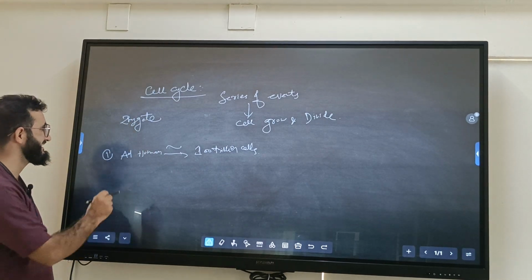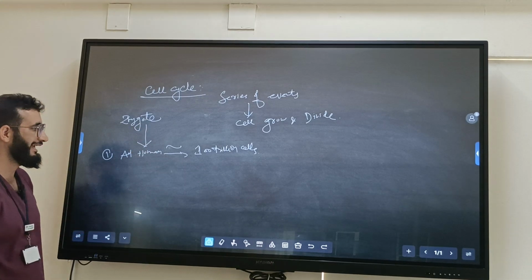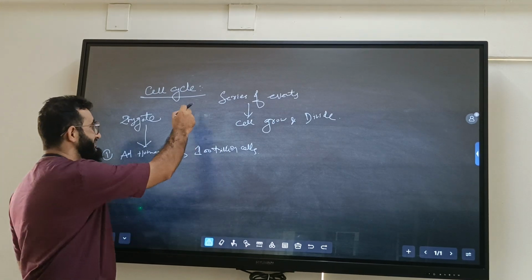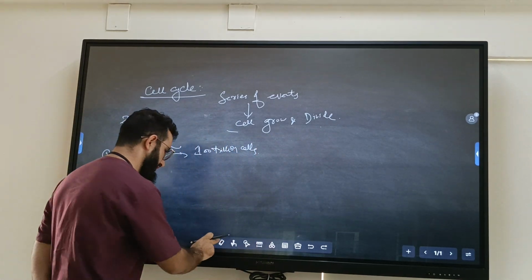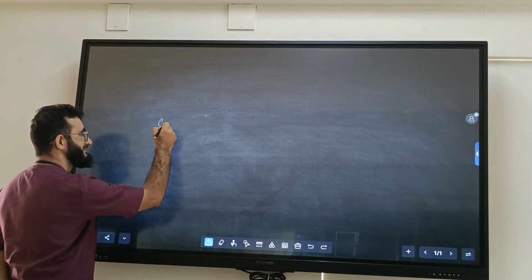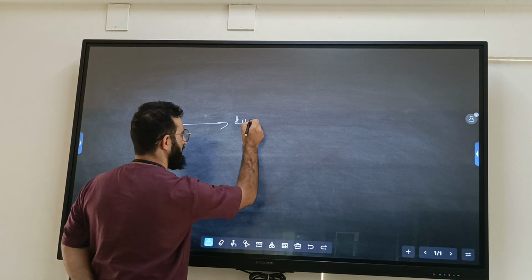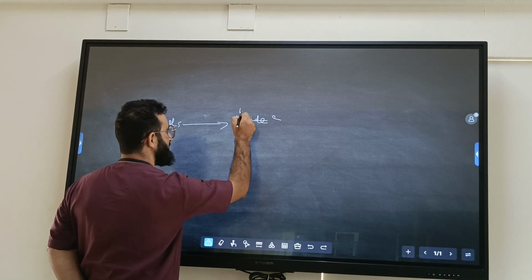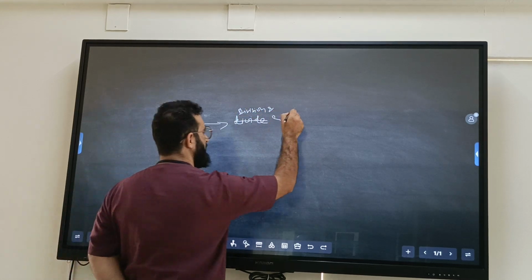So from a single cell, the zygote, to nearly 100 trillion cells. How does this come about? It comes from the cell cycle, that is, cell growth and division. We know that cells have the property of division and growth.